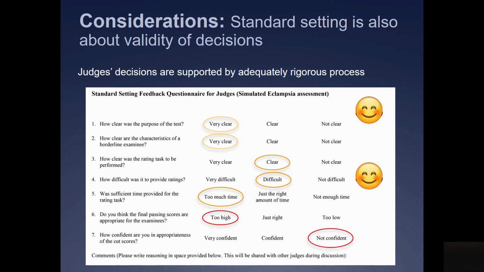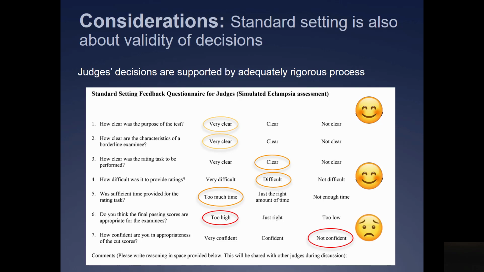We really want it to say just right. Item 7, how confident are you in the appropriateness of the cut score? Not confident. That is truly a problem, and so we might have to go back and there may be a little more discourse. Now, as you see below in the comment section, we do expect when there's discourse involved that your examinee judge panel will write comments to initiate the discussion.